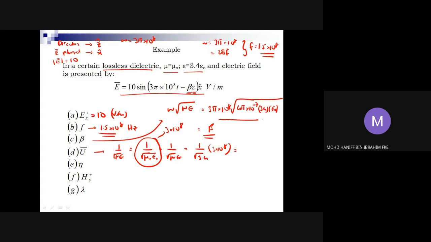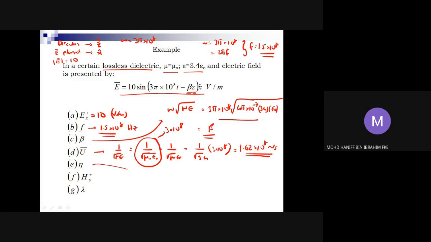By using a calculator, a simple calculation, it's about 1.62 times 10 power of 8 meters per second. So that should be the velocity of your wave in the given dielectric.